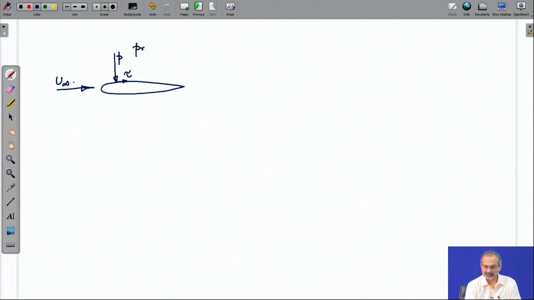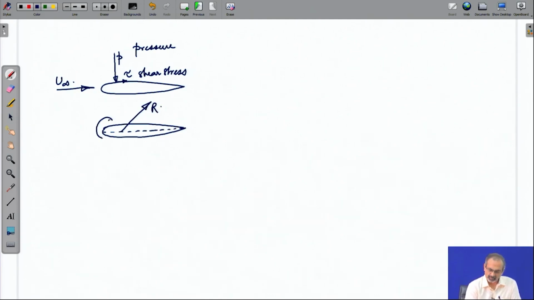One is pressure, the other is shear stress or skin friction. And as a consequence, because of the distribution of pressure and tau on the airfoil, a resultant force is produced and a resultant moment is produced.